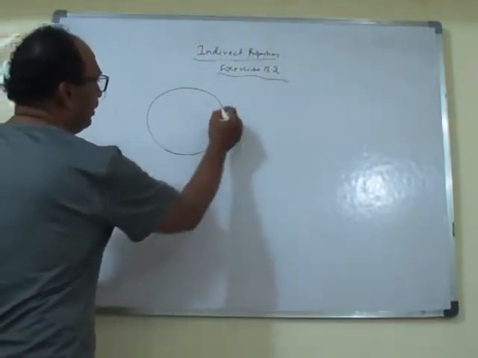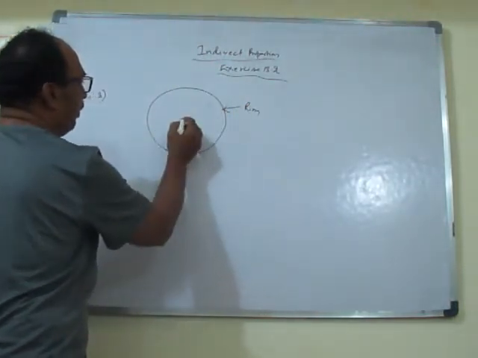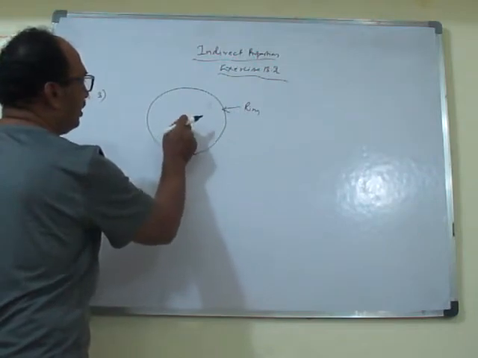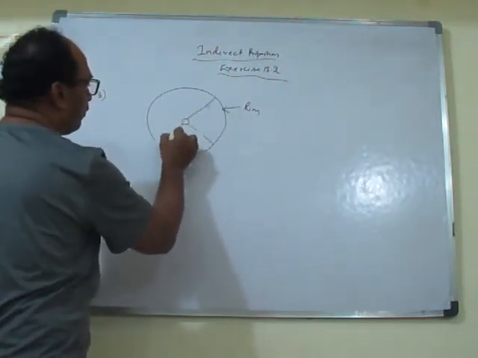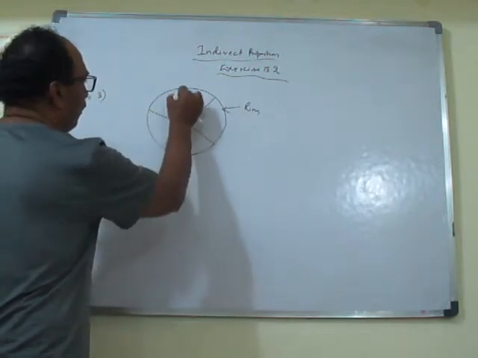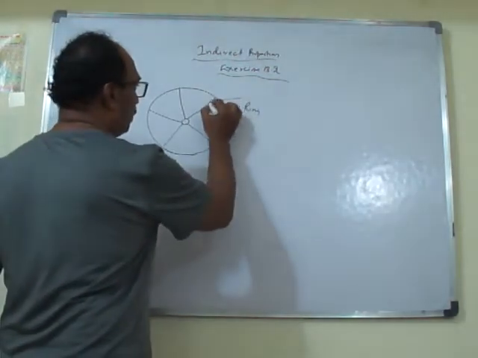Right? This is called the rim. This particular rim is being supported with this central member with the help of spokes. So these are called spokes.